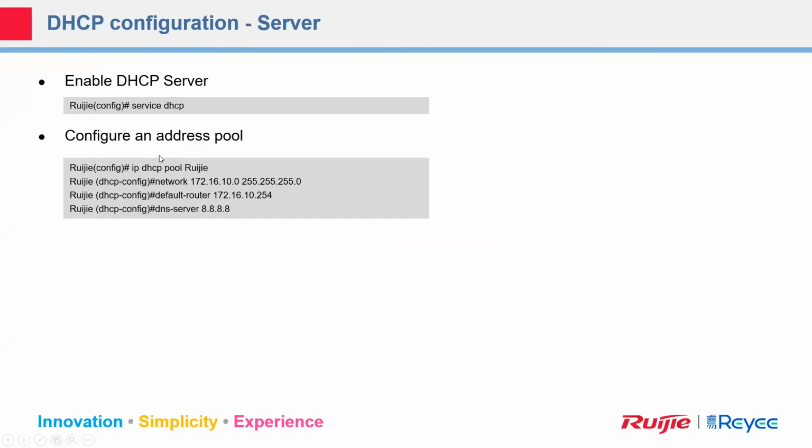Then we configure an address pool, ip dhcp pool, with the pool name Ruijie. You can use another name like test or 123, and they also work. In this pool, you define which segment of IP addresses can be assigned: this is the network IP address, the default router is the gateway, and this is the DNS server.